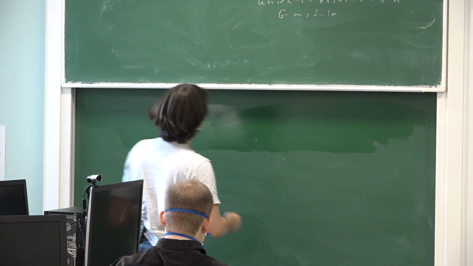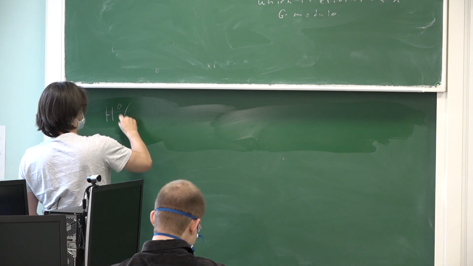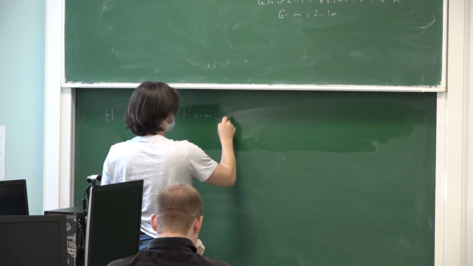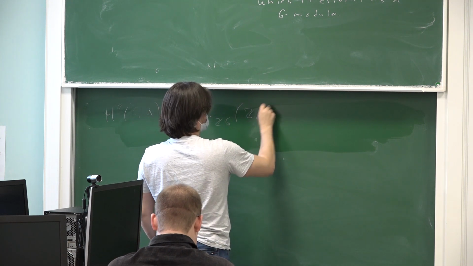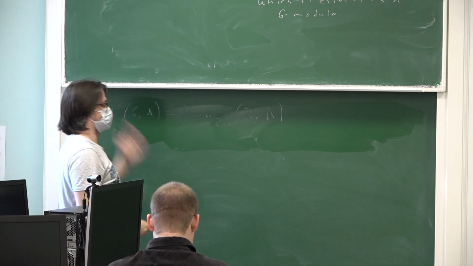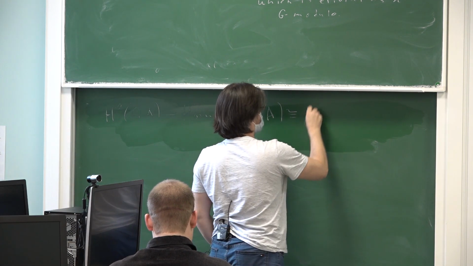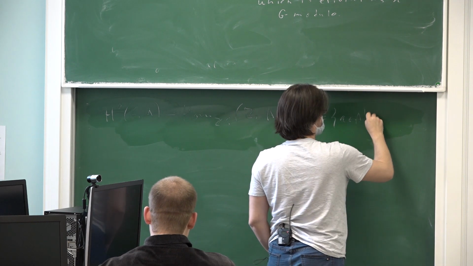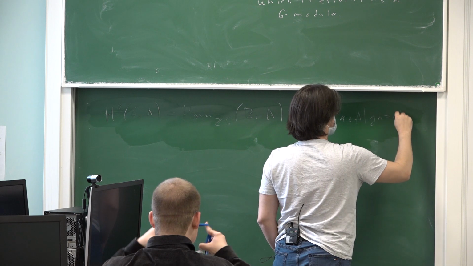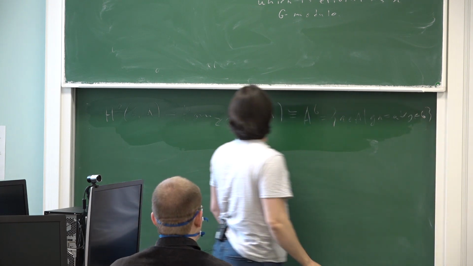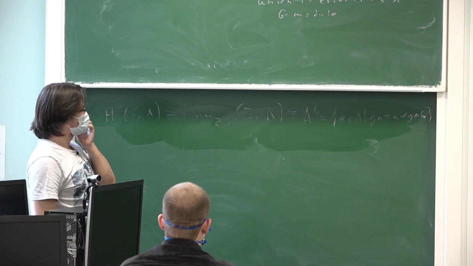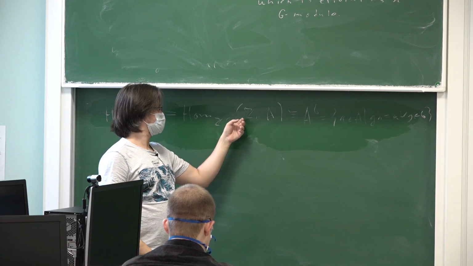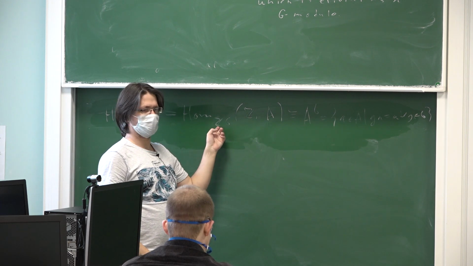Now, the zero cohomology of G with coefficients in A is by definition Hom over ZG from Z to A. And one can easily see that it is isomorphic to the invariants, the set of a from A such that ga equals a for any g in G. Well, it's clear because to define a map from Z to A, you have to define it on 1, and you have to define it in such a way that you will get a map of G-modules.